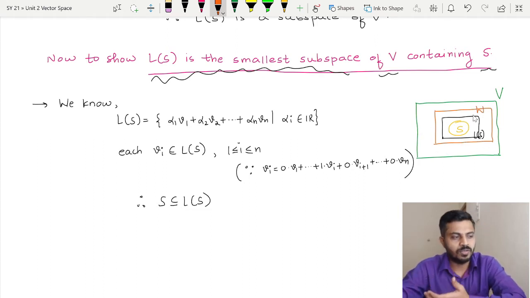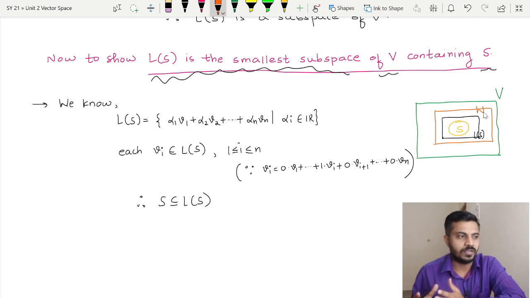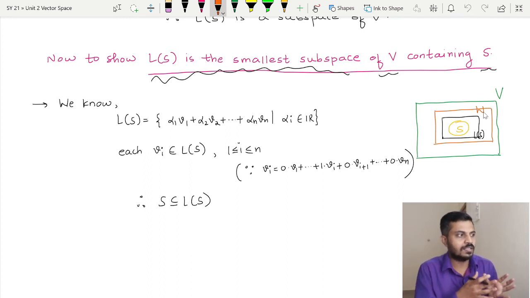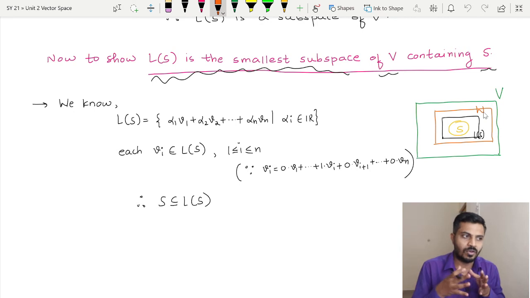That subspace, which I am calling W, will be bigger than L of S. In other words, L of S will be smaller than W. Whenever I say smaller, it means L of S will be a subset of W.